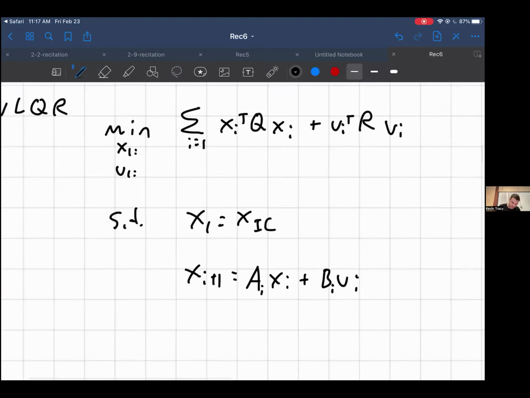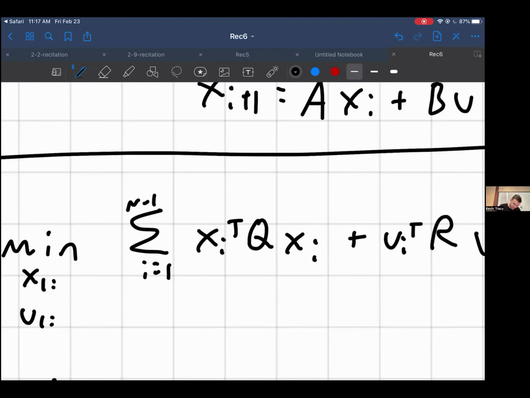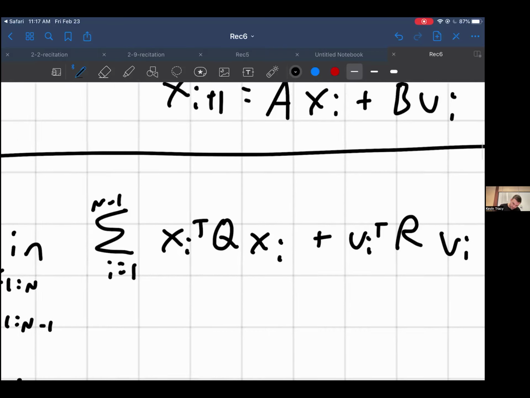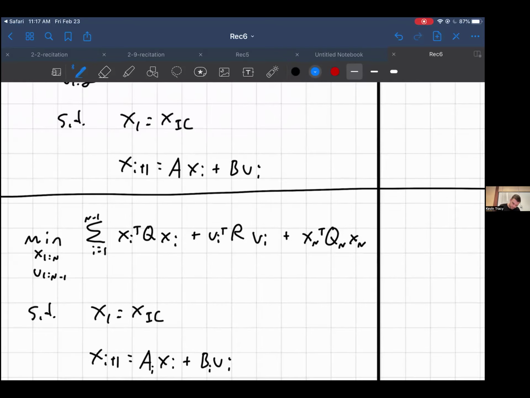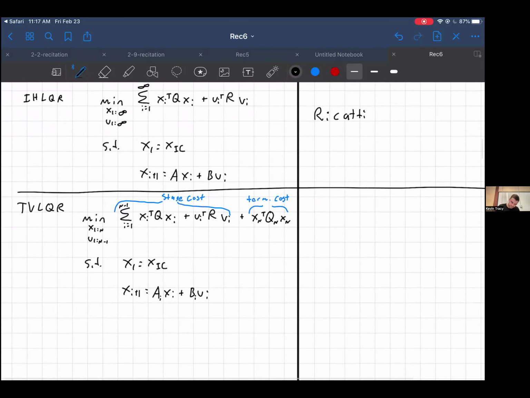And then the sum to n minus 1 of the stage cost, plus the terminal cost on xn. And again, we can solve this with a Riccati recursion.